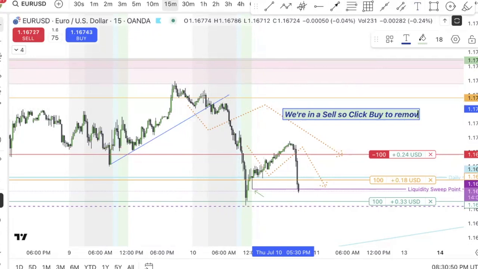Okay, and then we'll go ahead and take some of the units off of this trade so that we can secure some profit.